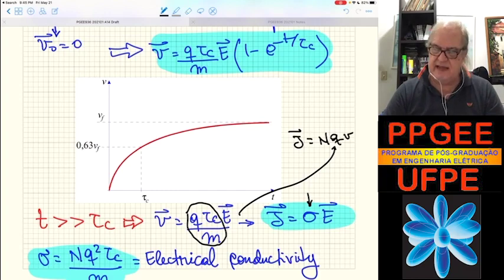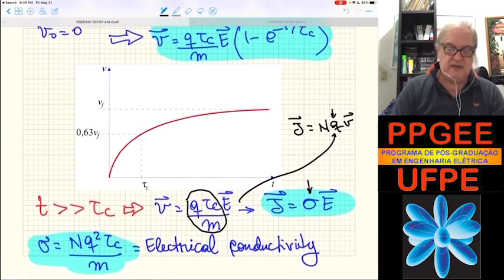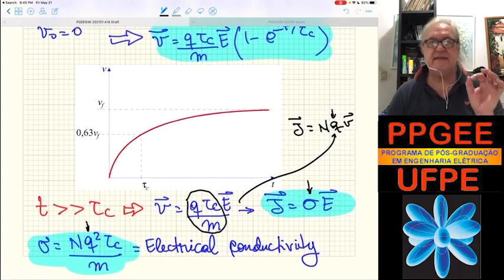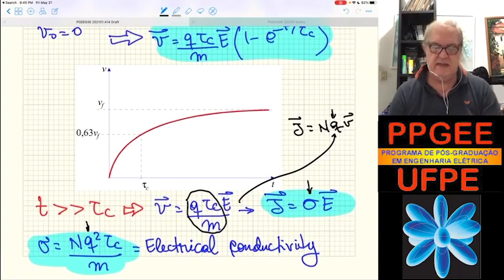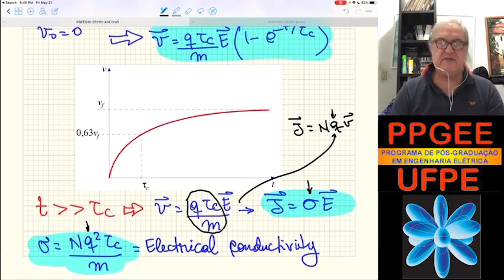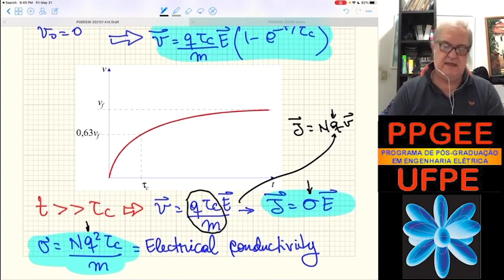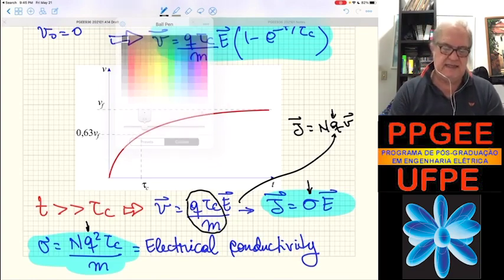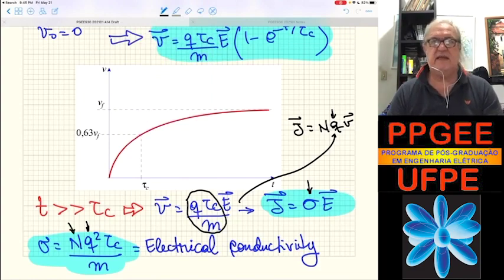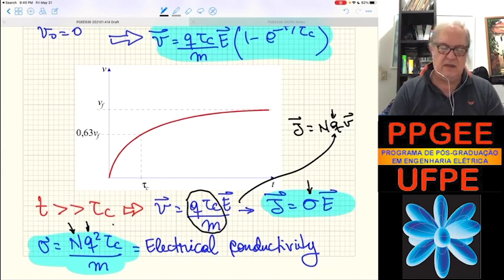N times q times this velocity, so we're going to have q squared. So the conductivity doesn't depend on the sign, right? Whatever the sign, the conductivity of a material is given by this formula, which is very well known. The higher the density of free carriers, the higher the conductivity. The longer the collision time, the higher the conductivity. Okay.